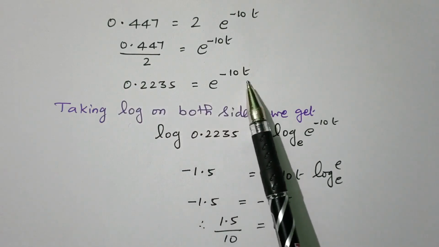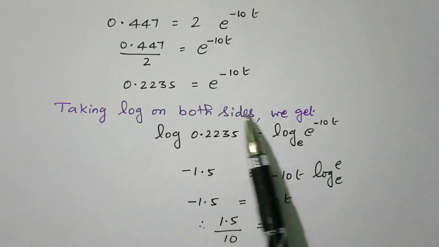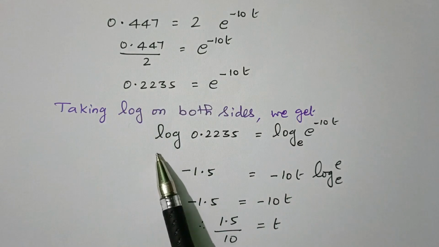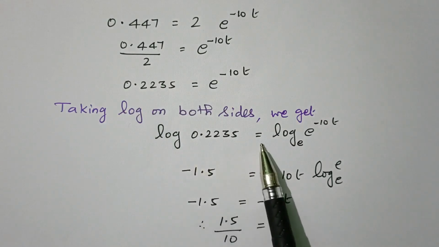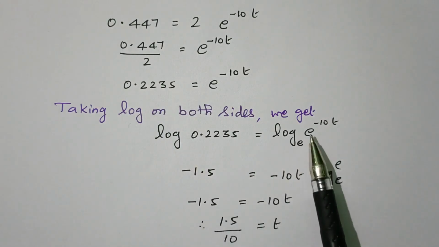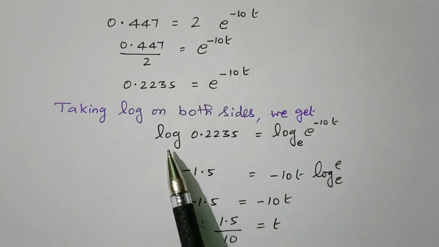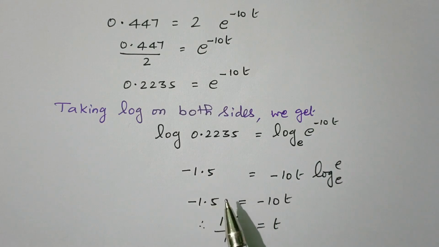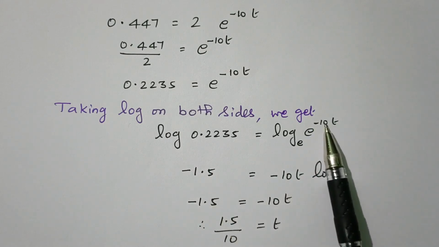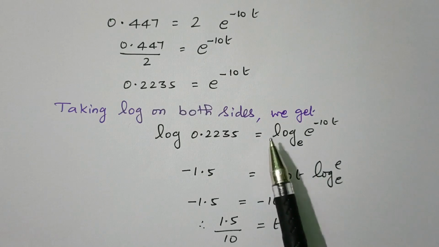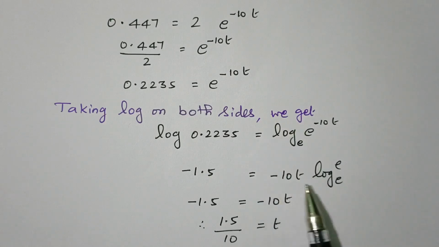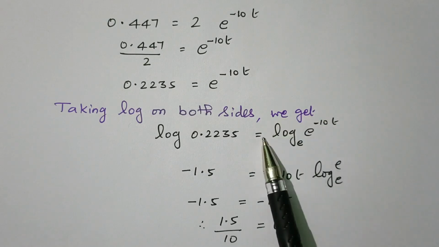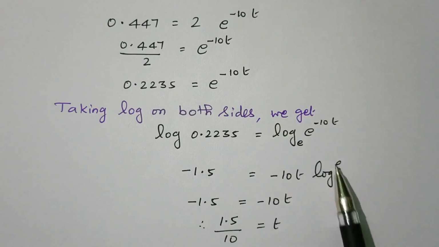Now from there, how to find the t value? We need to take the log on both sides, log with base e. Log 0.2235 equals log to the base e power minus 10t. This value, log 0.2235, is minus 1.5. The power will come in the front, and log e base e is 1.